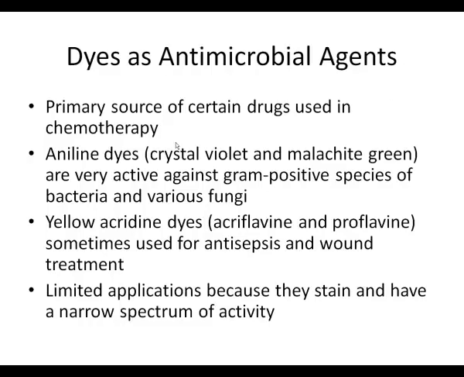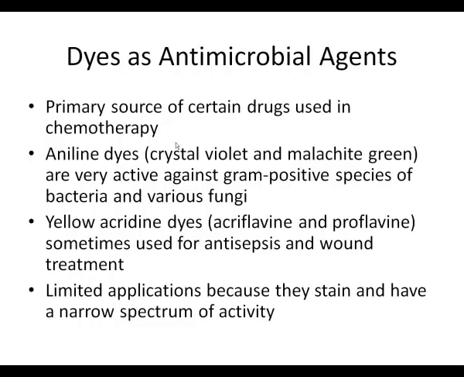You do have some dyes, just like the dyes we use in lab, that can be used as antimicrobial agents. Actually, these were what were used in the day, and they are the primary source of certain drugs used in chemotherapy. Aniline dyes like crystal violet and malachite green have a specific effect against gram-positive bacteria and a number of different fungi.